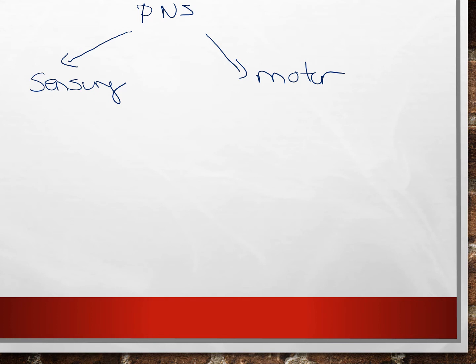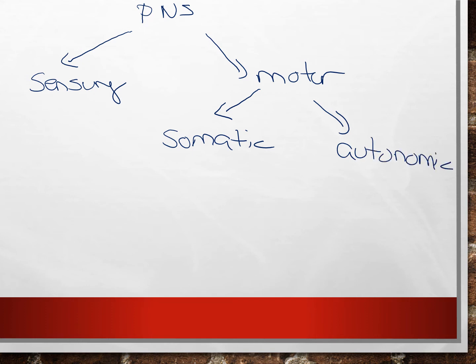So in the case of our motor neurons, we take them and we divide them into two groups. Our motor neurons can be part of our somatic nervous system. They can also be part of our autonomic nervous system.